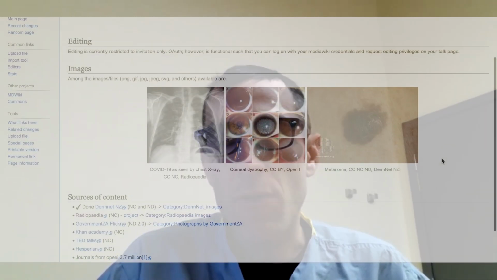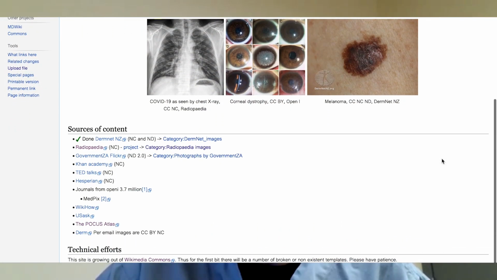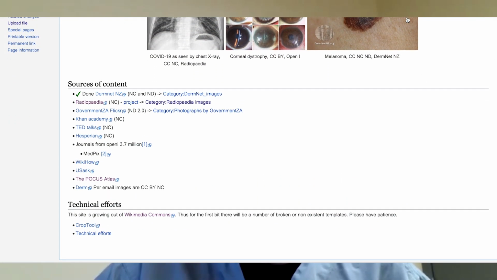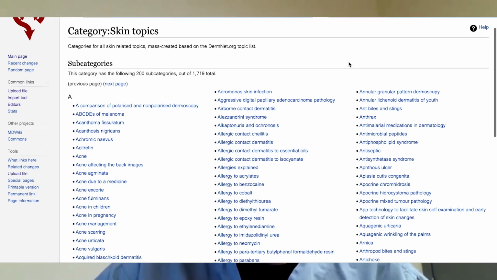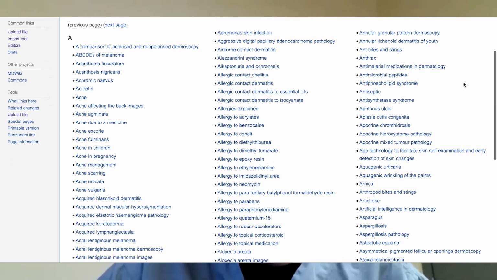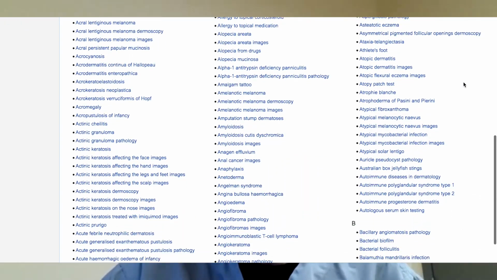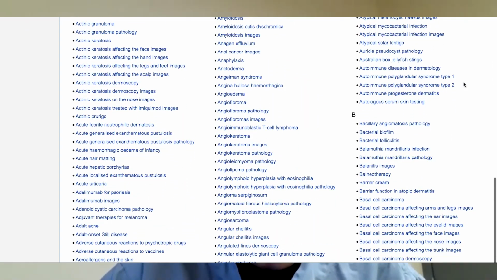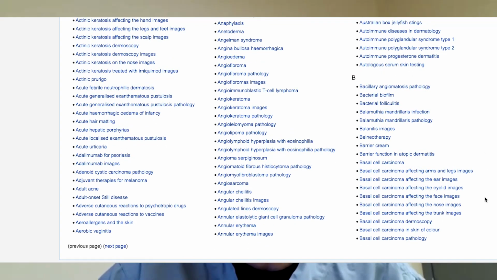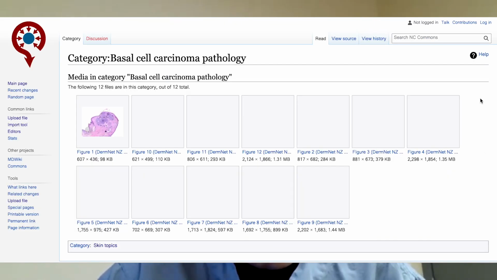And so we started NC Commons a couple of years back, and we've been collecting NC and ND licensed medical images, specifically from folks like dermnet.nz, like Radiopaedia. There's a Portuguese dermatology group that has released a great deal of images under an open license. And we're sort of collecting them on this website to allow their easy reuse by other MediaWiki installs.